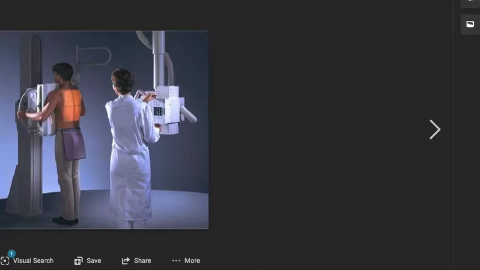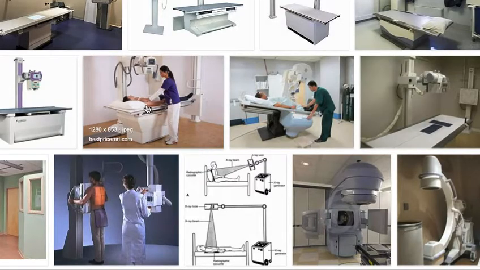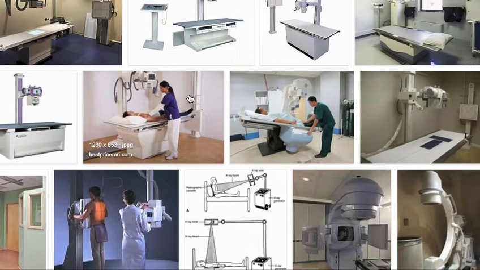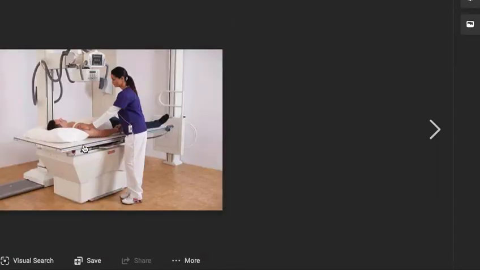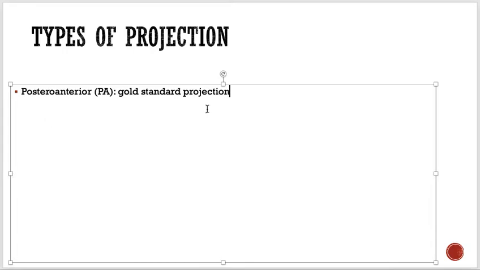And now of course there is the AP view. For example, in this one the film is over here, but the X-ray tube is over here. So this one is anterior posterior, or what we call the AP view.